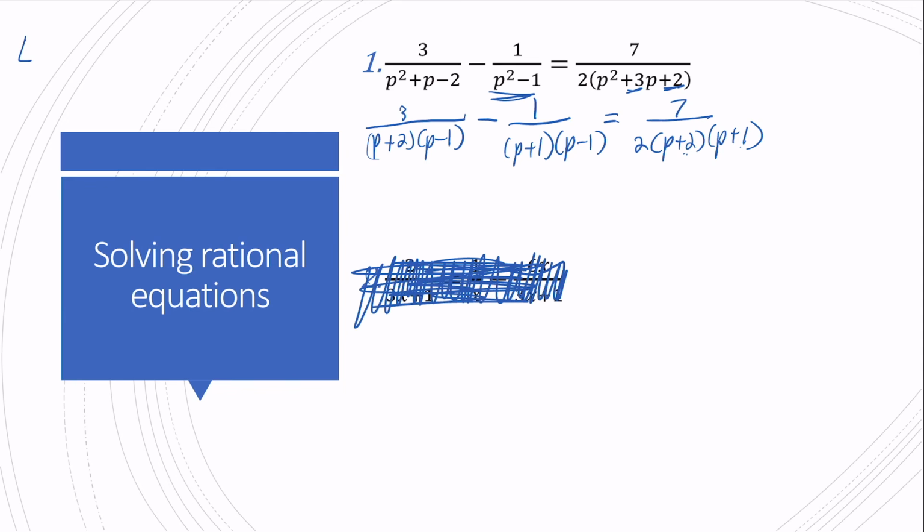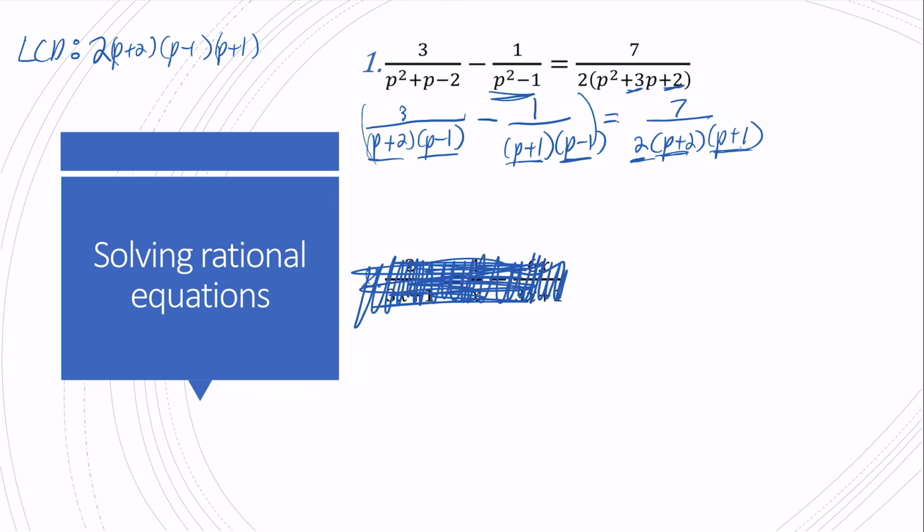So my LCD is going to have one of every single term that we see. So I'm going to need a p plus 2 and a p minus 1 and a p plus 1. Well, I already have a p minus 1 now. I'm going to need a 2. I've got a p plus 2 and a p minus 1. So now everything is included. This is our LCD. It's a big LCD.